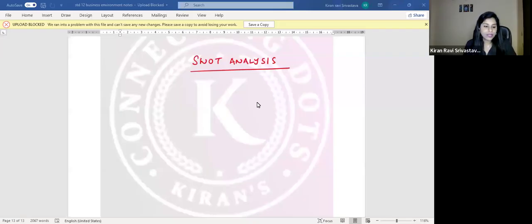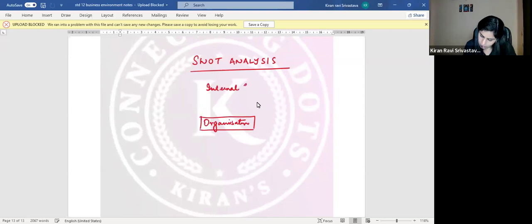Okay, the last part in this business environment chapter is SWOT analysis. What is SWOT analysis? Now, we all know that an organization is affected by two environments. One is the internal environment and one is the external environment.